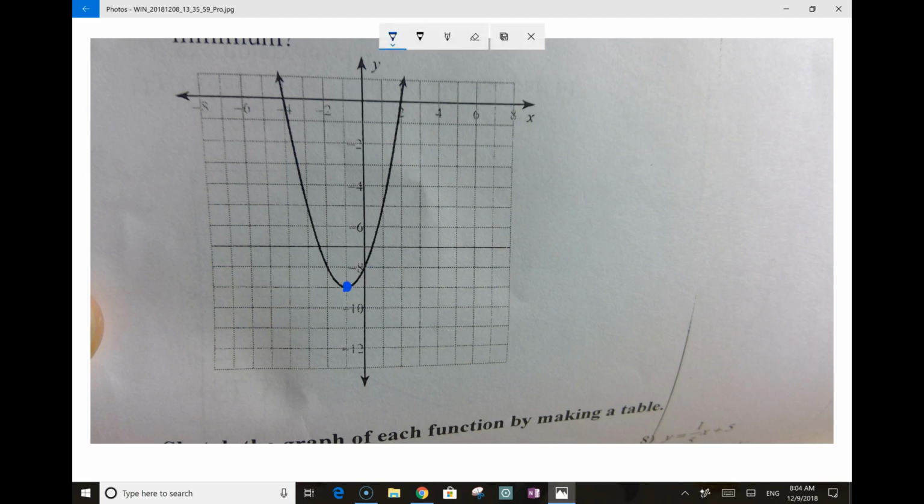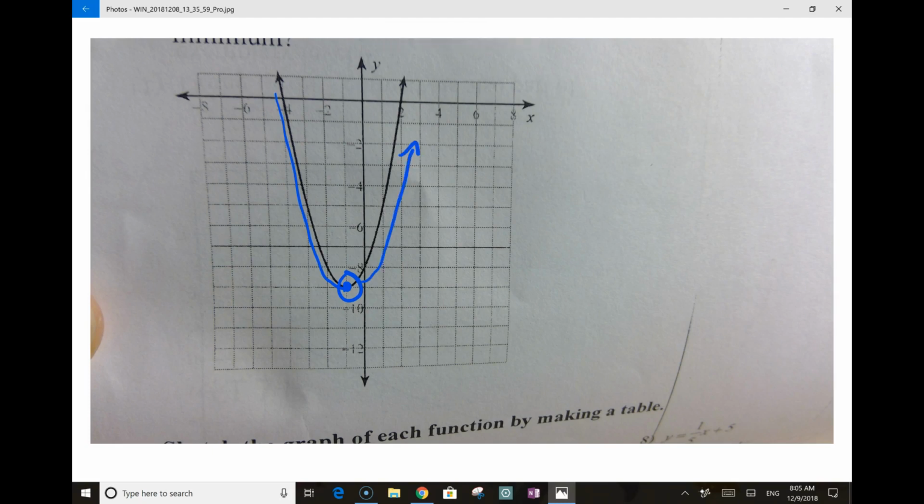The relative minimum and maximum have to do with a place where the graph changes its direction. Either it was going down and now it swings and it's going up, or it was going up and now at that switch point, it's now going down. So in this case, this graph is going down, down, down, down, down, and right there, that's the switch point.